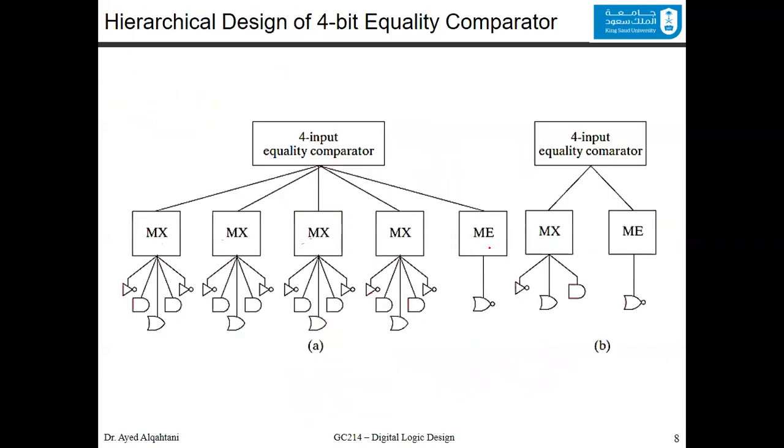The ME has only a 4-input NOR gate. And we can say the same thing in a short way in figure B. The 4-bit equality comparator will have MX that has AND, OR, and an inverter, and ME block that has only an OR gate.